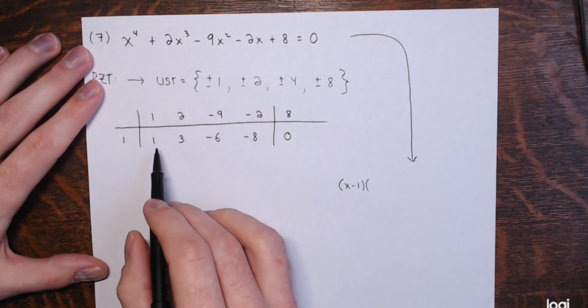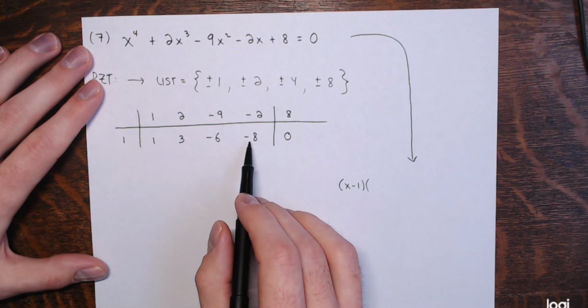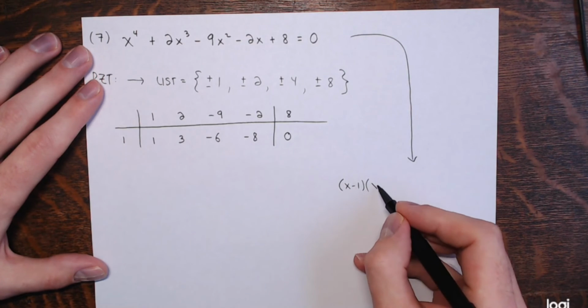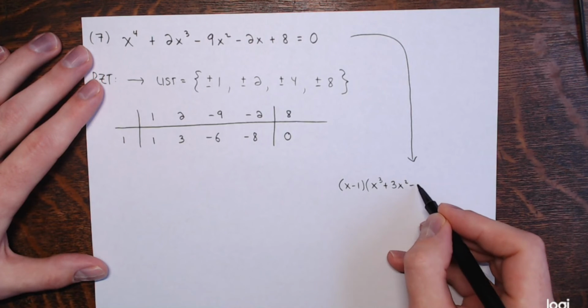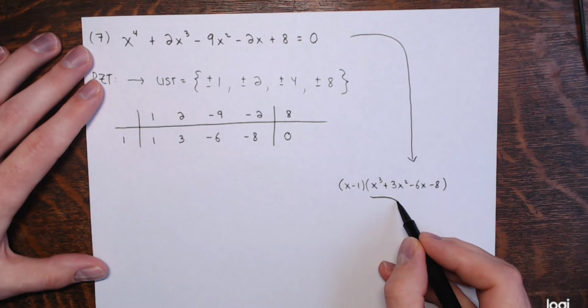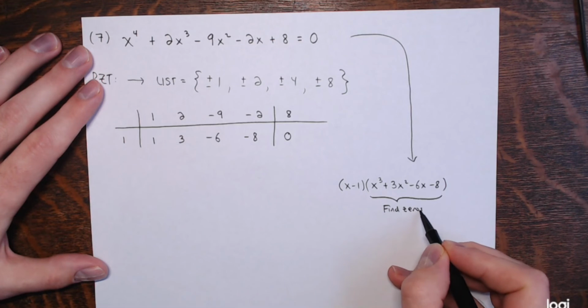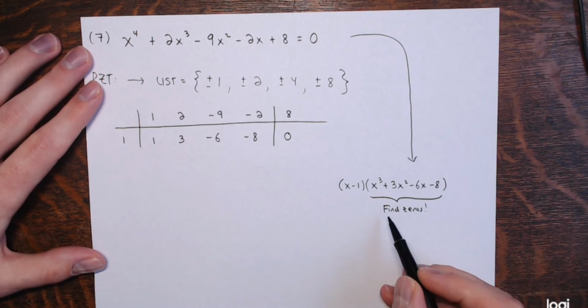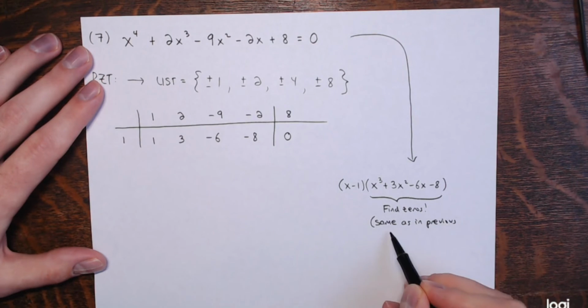And then these numbers here, the 1, 3, negative 6, negative 8, are the coefficients of a degree 3 factor: 1x cubed plus 3x squared minus 6x minus 8. And now we're going to find the zeros of this degree 3 polynomial, the same way as in the previous examples.